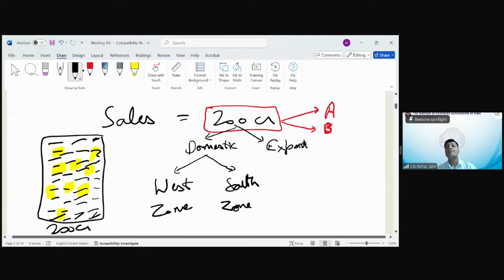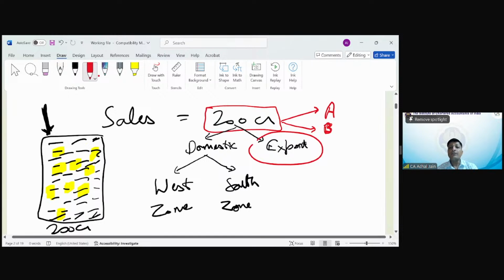Correct? But tell me one thing, when you applied this approach on the sample selection and picked up these items, it may have happened that even though it was bias free, even though it was random selection, or maybe you used some tools, it may have still happened that all of these samples which got selected, none of them had any transactions related to export sales.